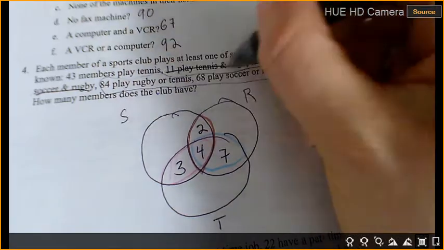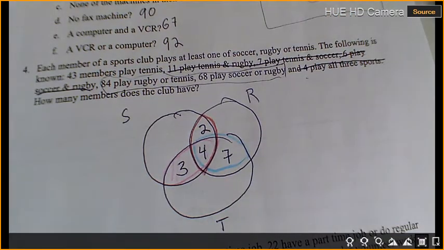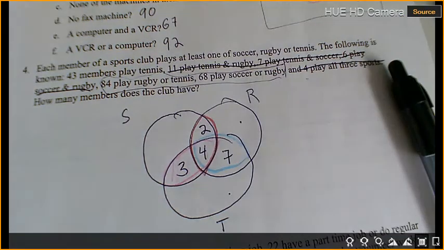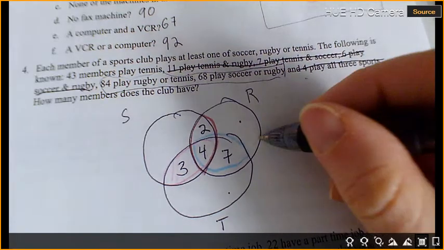Okay. There's got to be 43 members altogether. So now we have to go back to the plays rugby or tennis. So if I'm looking at rugby or tennis, I need it to add up to 84. So I've got 7 plus 3 plus 4 plus 2 is 16. So if I have 84 minus 16, these two have to add together to be 68.